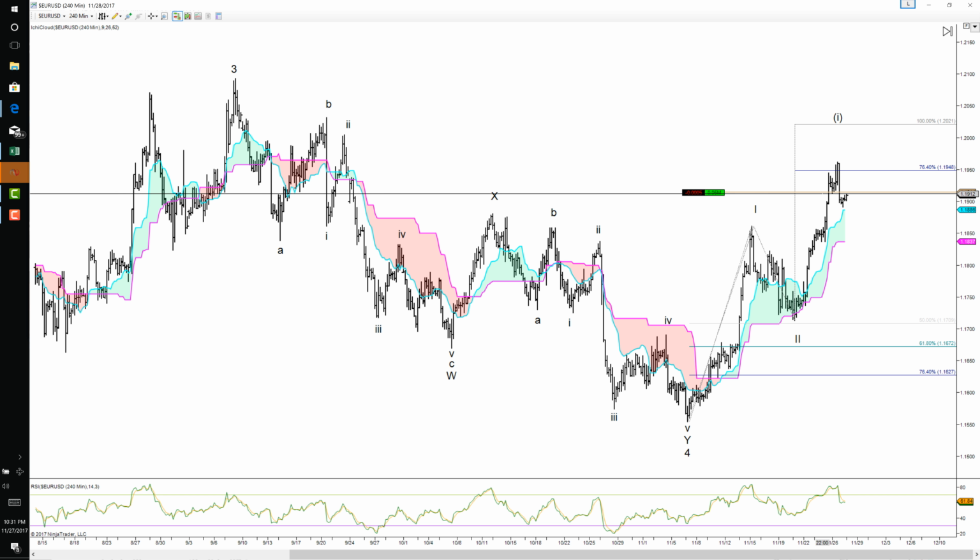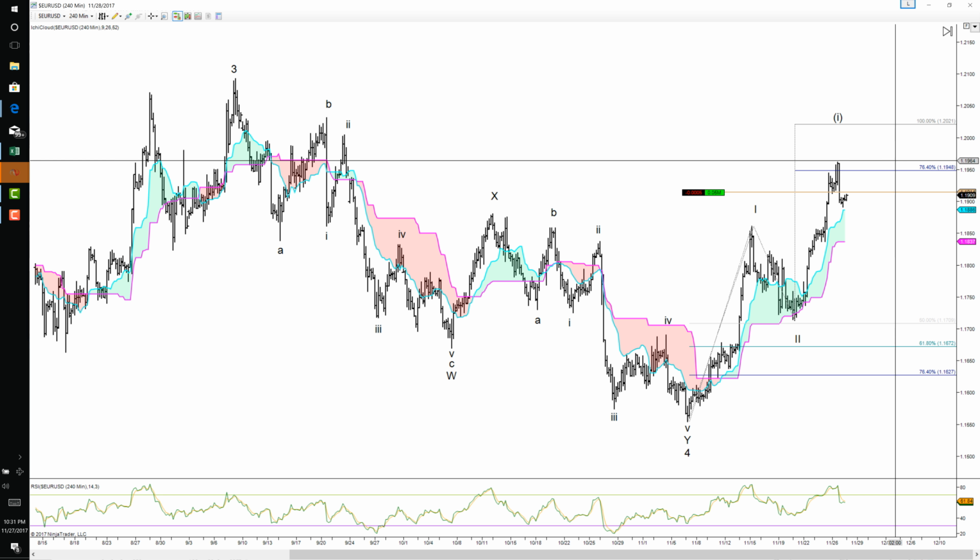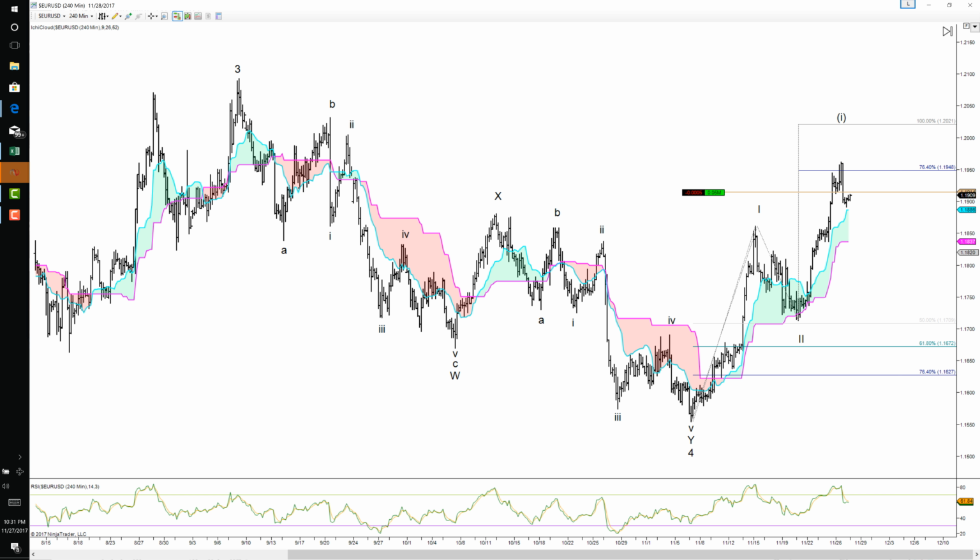So it could also go to the 1975, break it just a tad bit, 1980, 1985, and then it'll start to come down. On the flip side, if price stays below that 1910 support that we spoke about, then it is possible that this could be the 1.